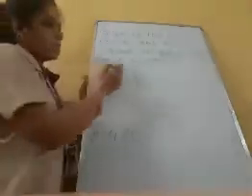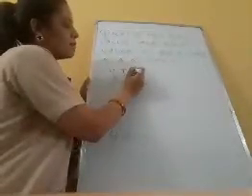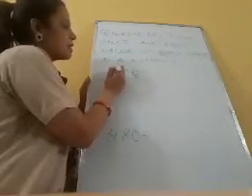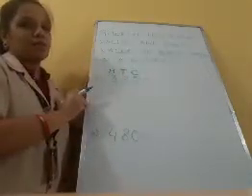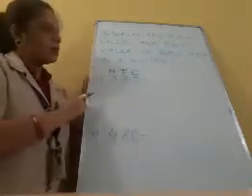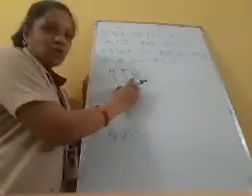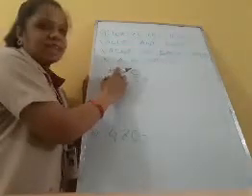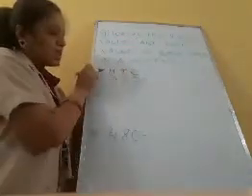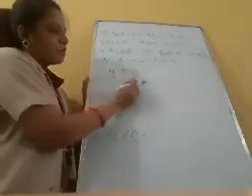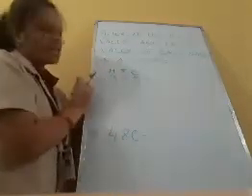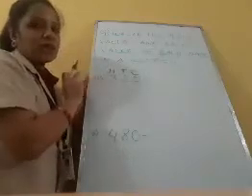These are the place values. Now you easily get the answer. The place value of 5 is ones. The place value of 2 is tens. The place value of 3 is hundred.